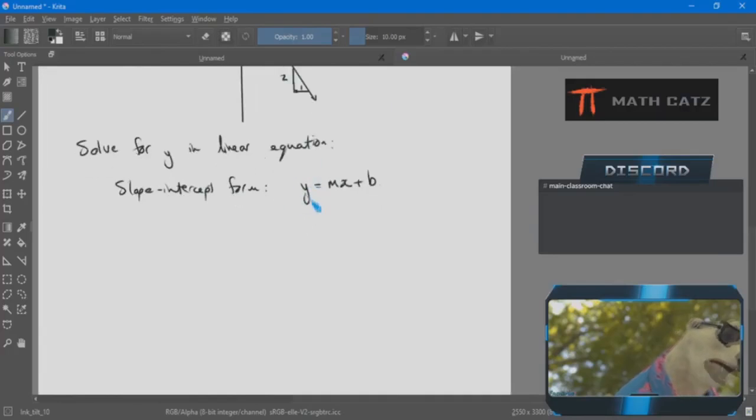But when I solve for y, I now have it in more of a function form, that the input x results in a corresponding y value. The slope gives me a proportional change of one to the other, and the b gives me the y-intercept, or when x is equal to 0.